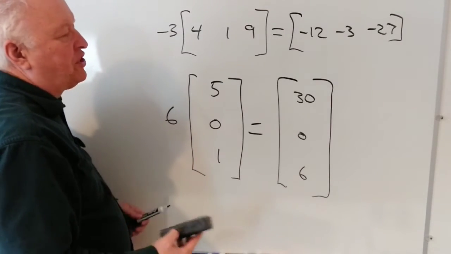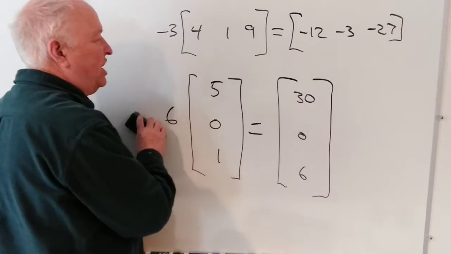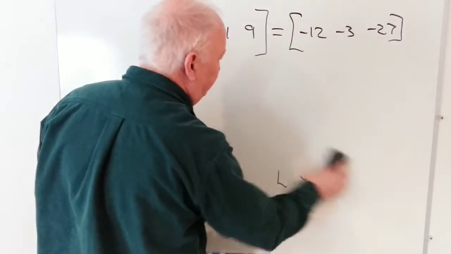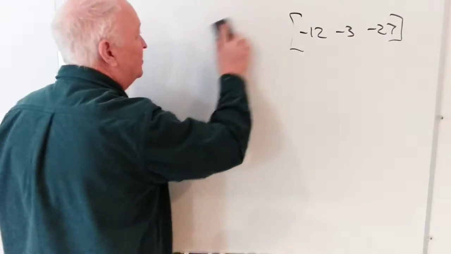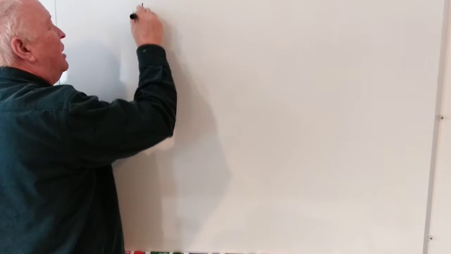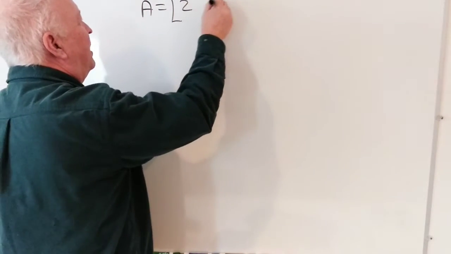Now let's combine adding and subtracting, multiplying by scalars with matrices all together in one expression. Let's let A be the matrix 2, 5.